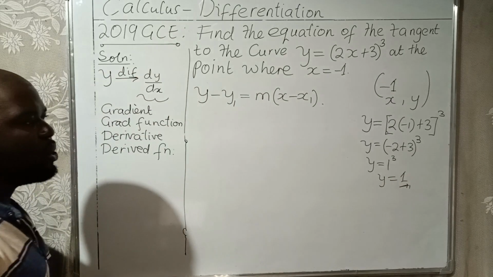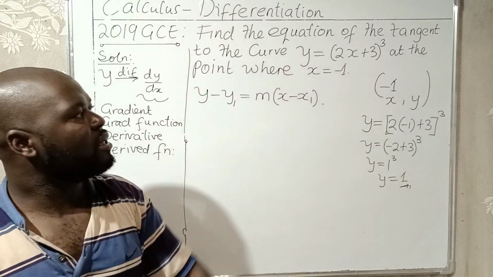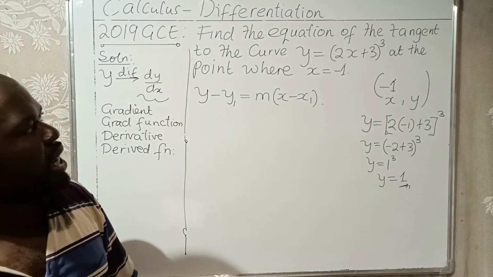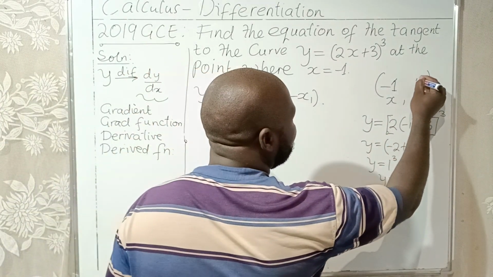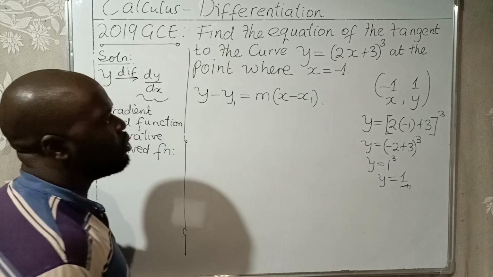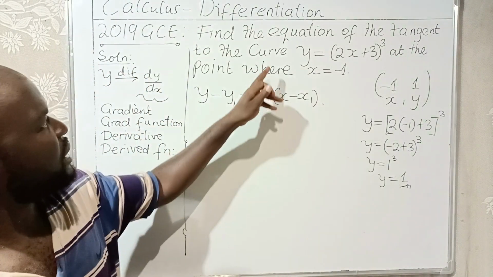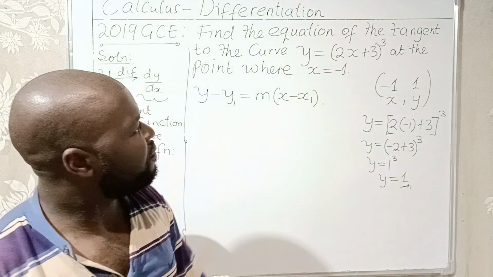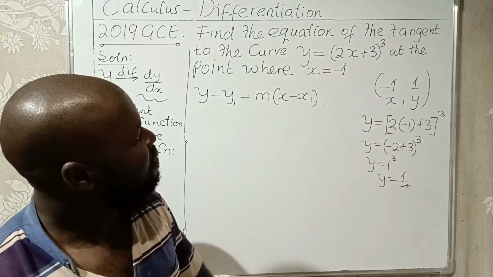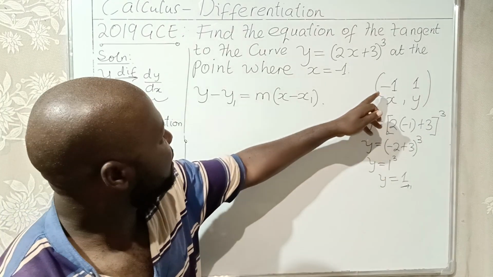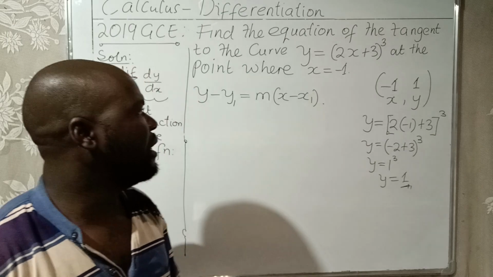Using our x coordinate, we have also gotten our y coordinate, and our y coordinate is 1. So we have the coordinate where this curve passes through. This curve passes through the point (-1, 1).